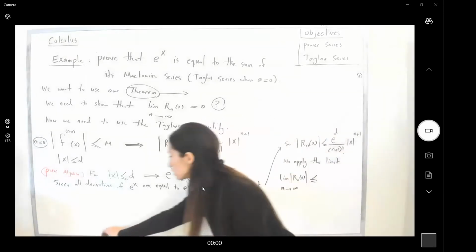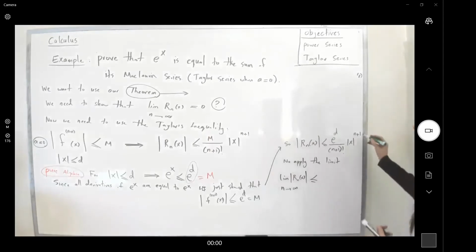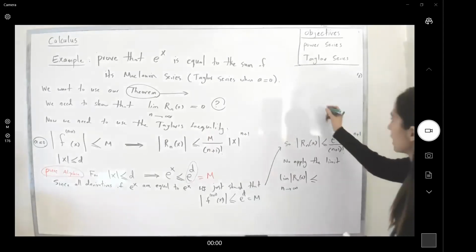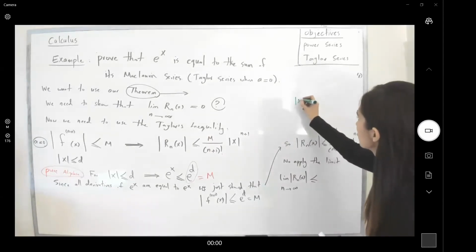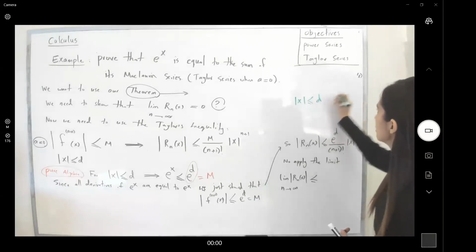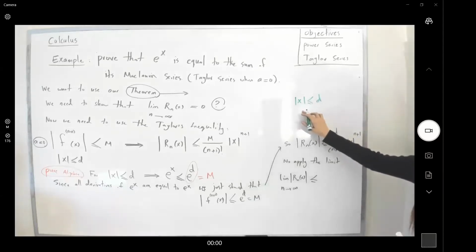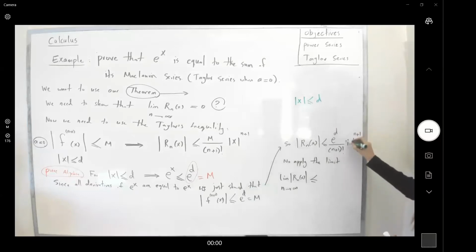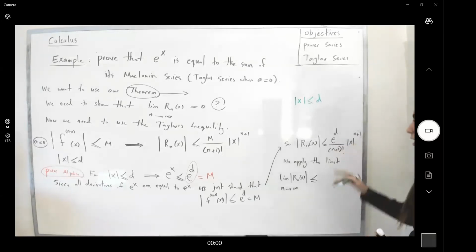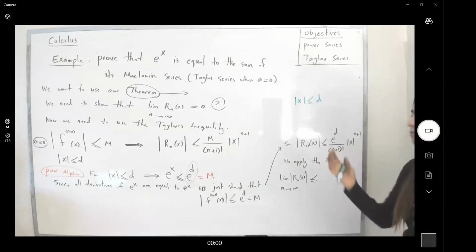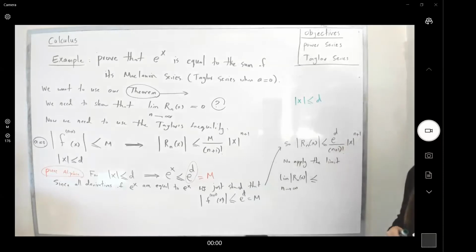But the limit of this quantity is equal to 0. Remember that |x| is less than or equal to d. d is just a number. So this is just a number raised to n plus 1 times another number divided by (n plus 1) factorial. (n plus 1) factorial goes to infinity much faster than the numerator.